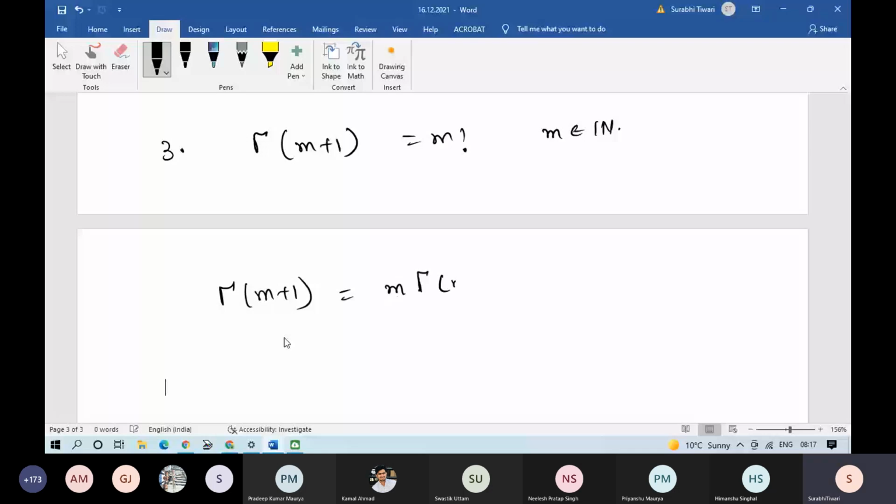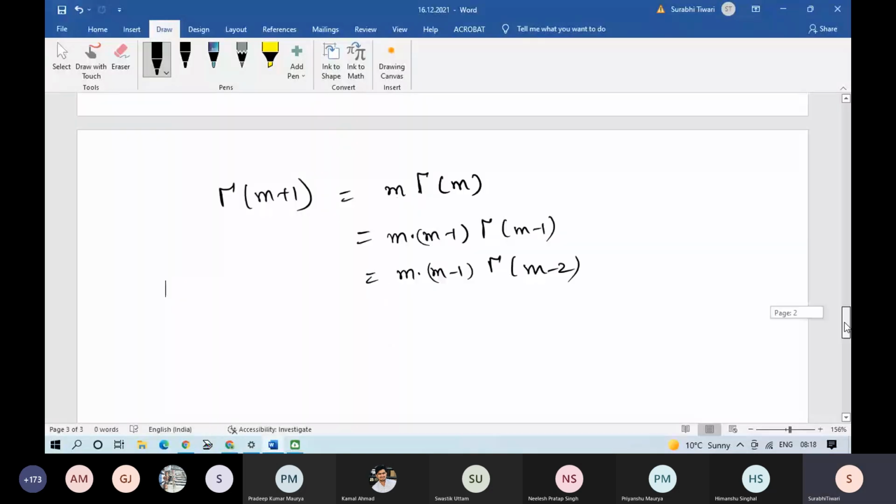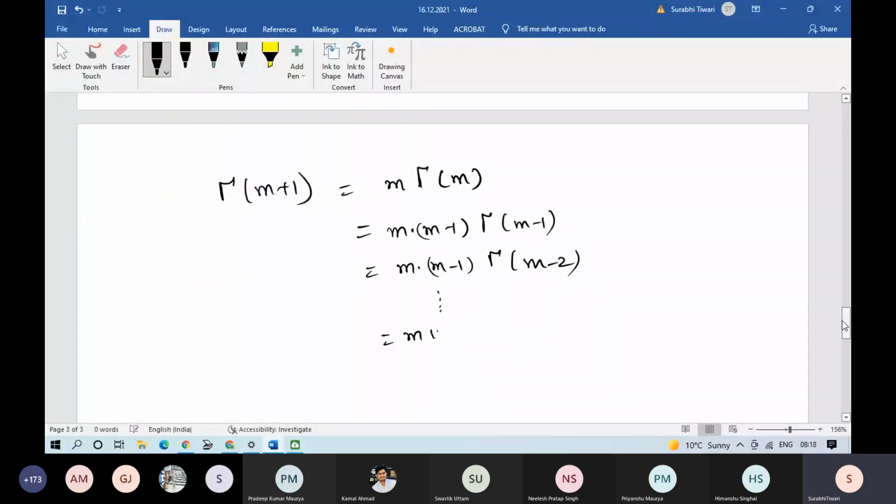Now again, what will be gamma m? m into m minus 1 into gamma m minus 1. ठीक, again this will be m into m minus 1 into gamma m minus 2. ठीक, तो इस तरह से हम करते चले जाएंगे तो हमें क्या मिलेगा, m into m minus 1 into m minus 2 and so on up till gamma 1. ठीक, होता चला जाएगा. एंड व्हाट इज द वैल्यू ऑफ गामा 1? दिस इज 1.